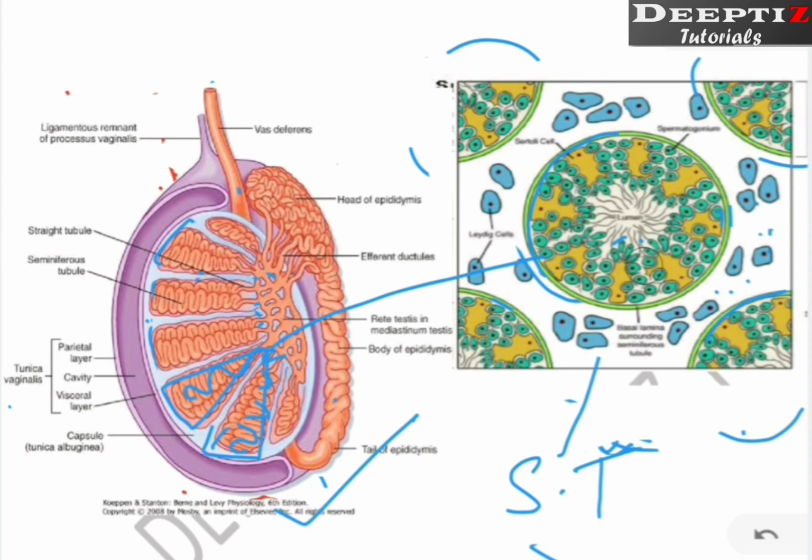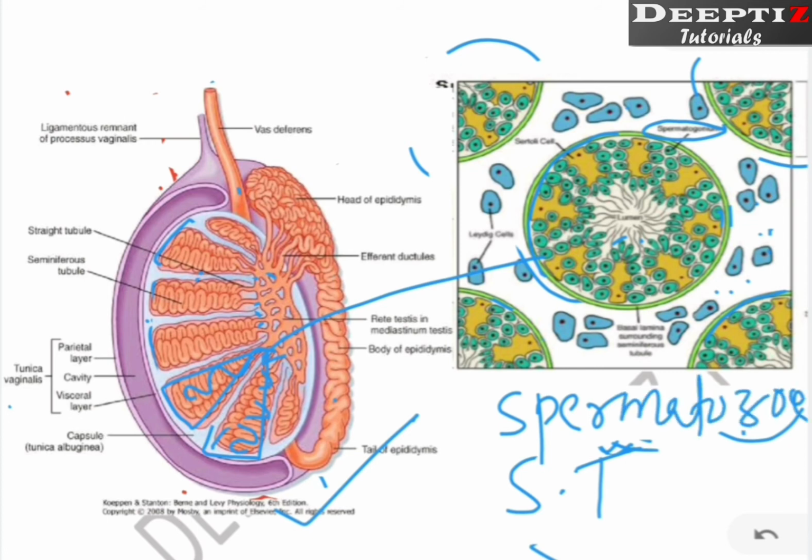Now how does this take place? By the process of spermatogenesis. Spermatogonium undergoes spermatogenesis to form sperm. You may see the term spermatozoa. Spermatozoa is the singular. When a collection of spermatozoa is there, we call it sperms or sperm.